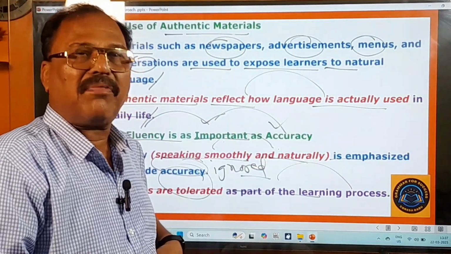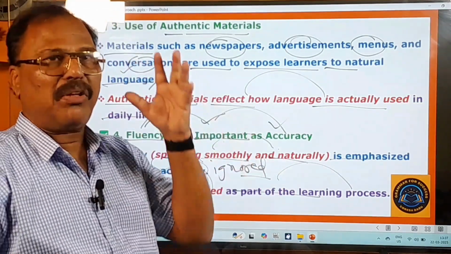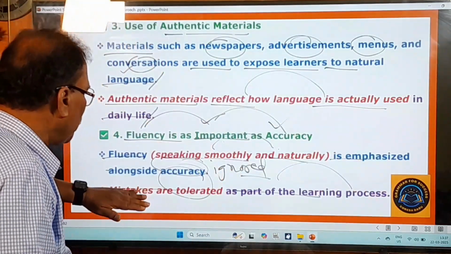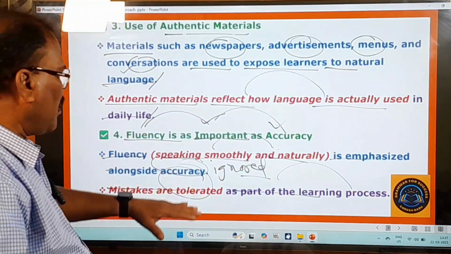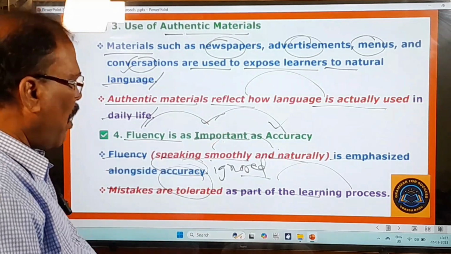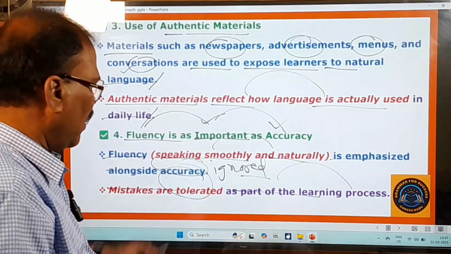It will be a kind of obstruction to the flow of words of that learner. That is why minor mistakes are tolerated by the teacher. That means they are ignored as part of the learning process. It is also part and parcel of this learning process.